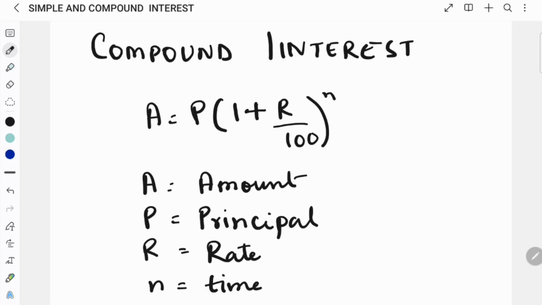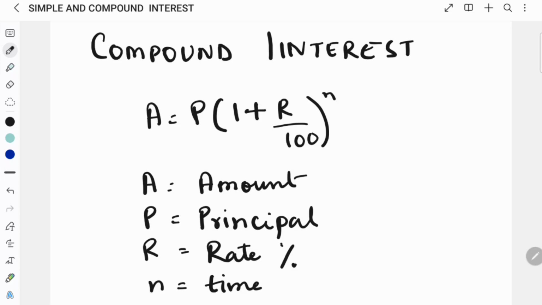So the formula for compound interest is not directly the interest formula, it is the amount formula. Amount equals principal times (1 plus r over 100) to the power n. To find the compound interest, you have to subtract the principal from the amount. The rate is in percentage, n is the time period, P is the fixed amount, that is the principal, and A is the total amount.